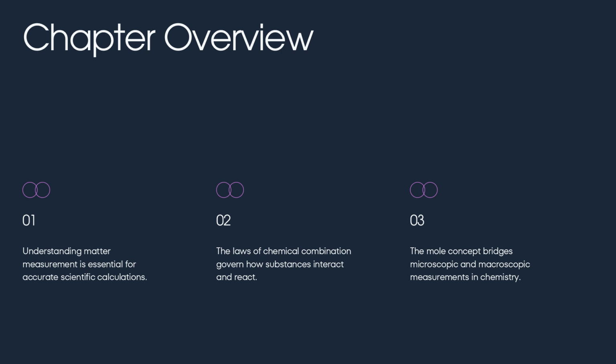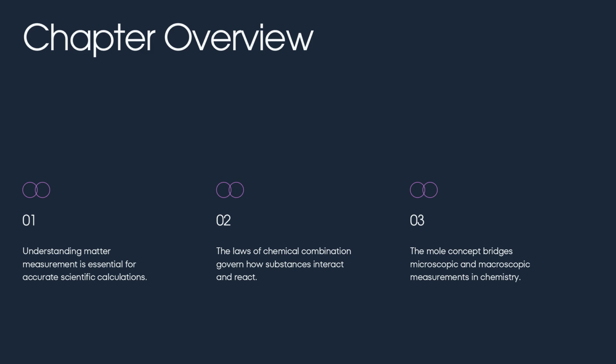We begin by understanding the nature and classification of matter. In simple words, what things are made up of and how we group them. Then we move to the laws of chemical combination, which are like the rules that all chemical reactions must follow. Next comes the mole concept, which is the heart of this chapter.